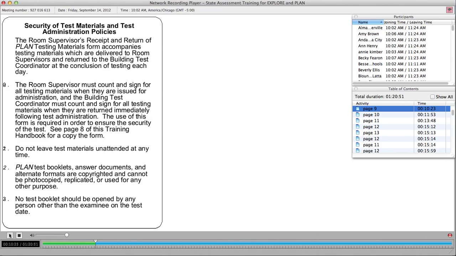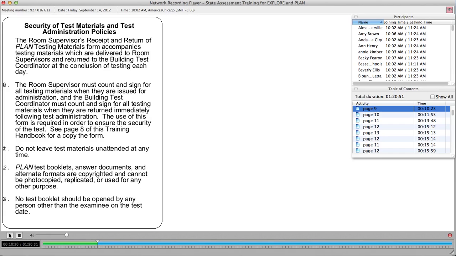The next section, security of test materials and test administration policies. Of course, you will use the same room supervisor's receipt and return plan testing materials or Explorer testing materials that you would use with most other standardized state testing programs.